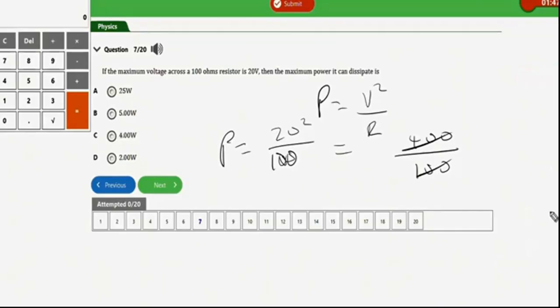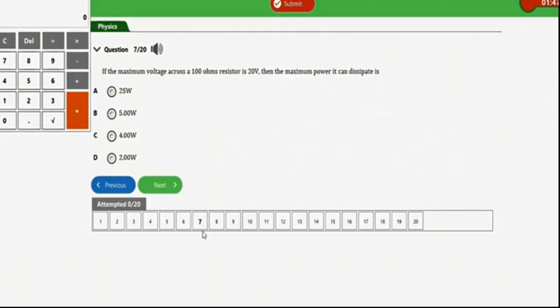Let's wipe this now and solve the next repeated question. It says the resistance of a 220 volt 80 watt electric filament bulb is. We are still going to apply this formula since current is not involved.